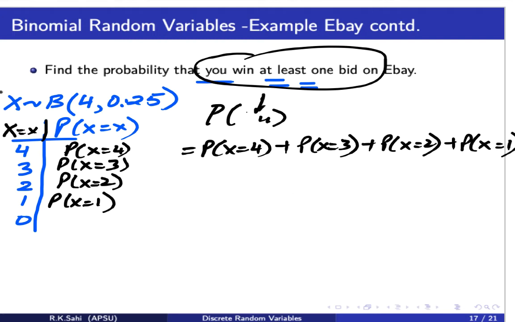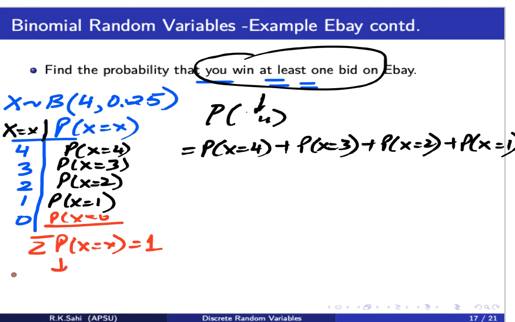Now remember we talked in the earlier video session on discrete random variables that the sum of all these probabilities is 1. So I'm going to use this idea to get my answer here.